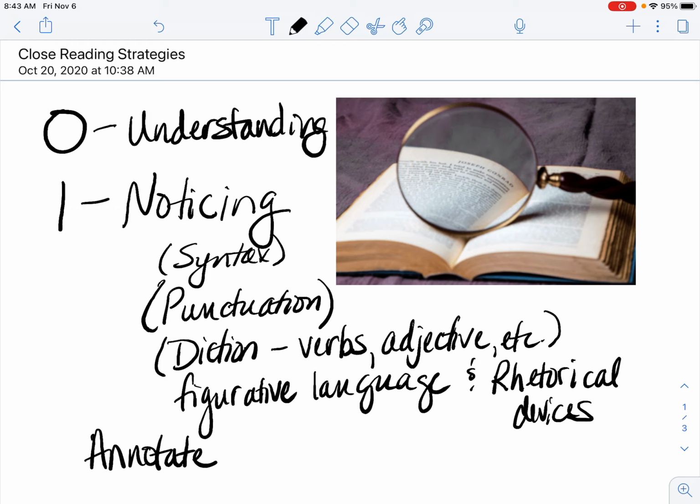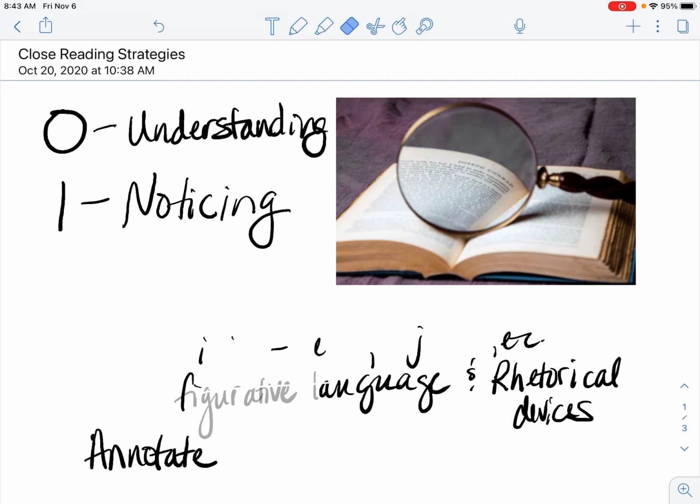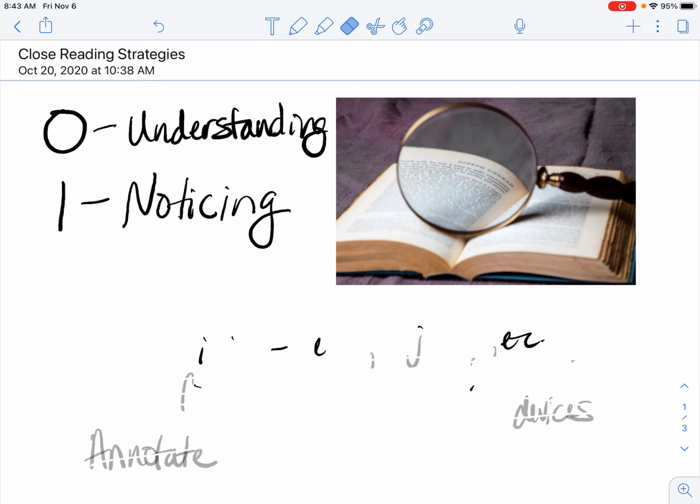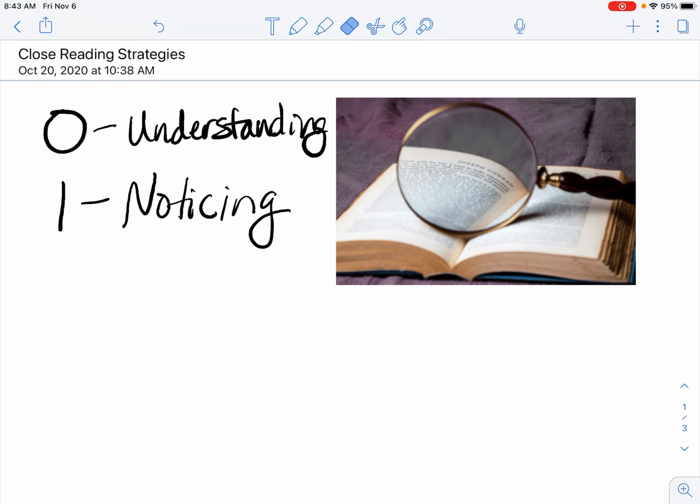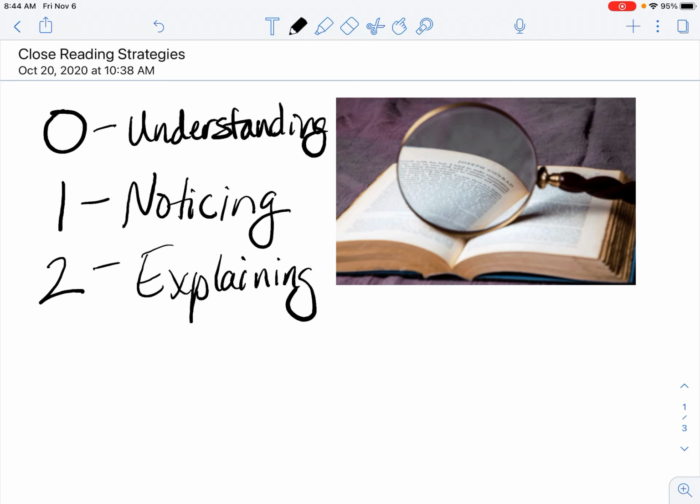Okay? And then the last step after I've gone through and done that is step 2, and this is where I explain the impact that the things I noticed have on my understanding of the passage or the work as a whole.